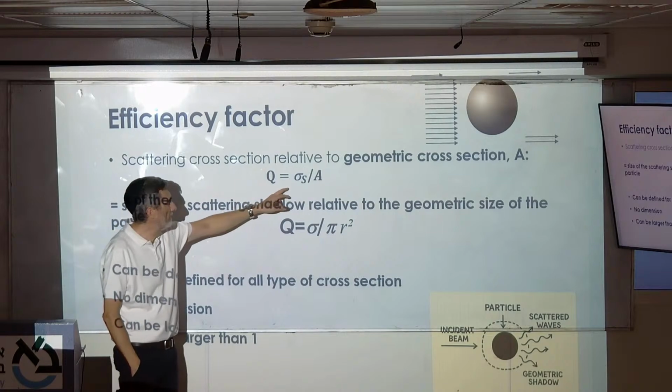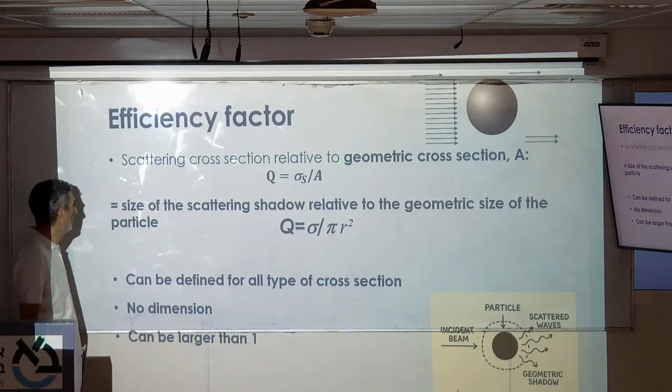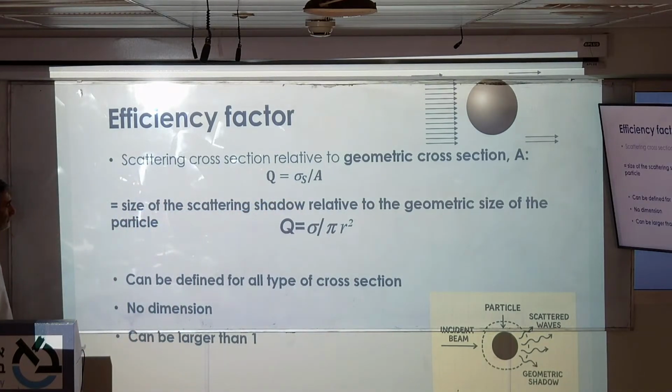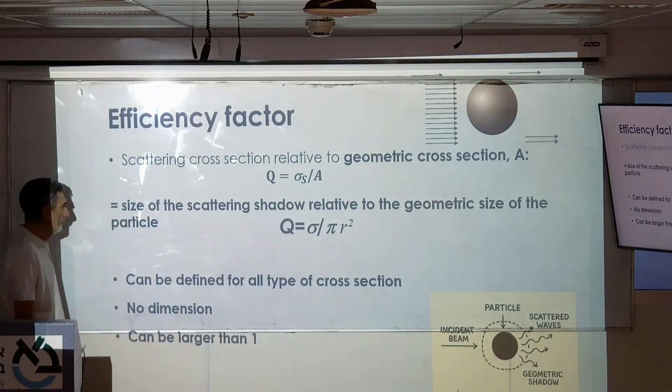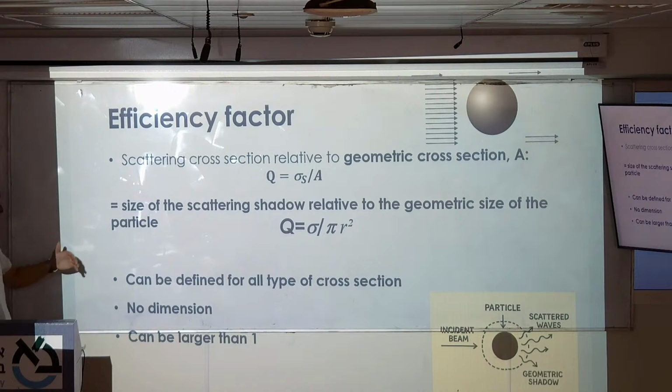Q is sigma S over A. This gives you the size of the scattering shadow relative to the geometric size of the particle. So for a spherical particle, for instance, Q will be sigma over pi R squared. And this is general. You can define that for scattering, for absorption, or in general for extinction.